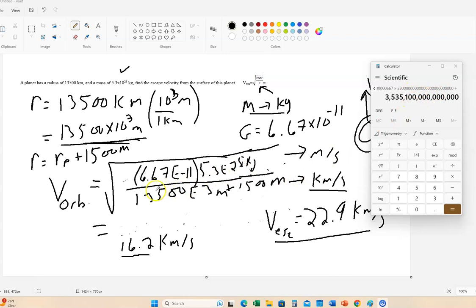And this time, instead of dividing by the radius of the planet, we're dividing by the radius plus that 1,500.